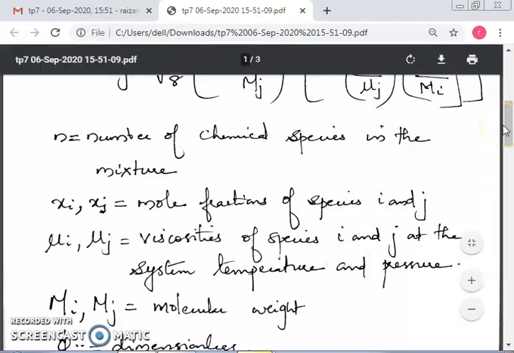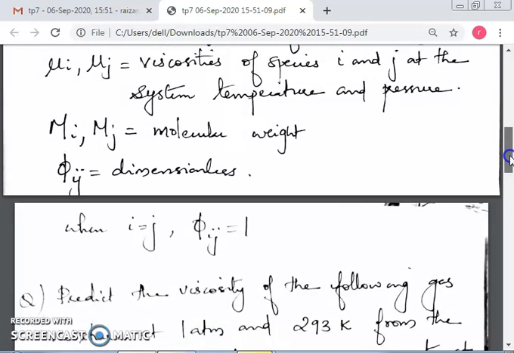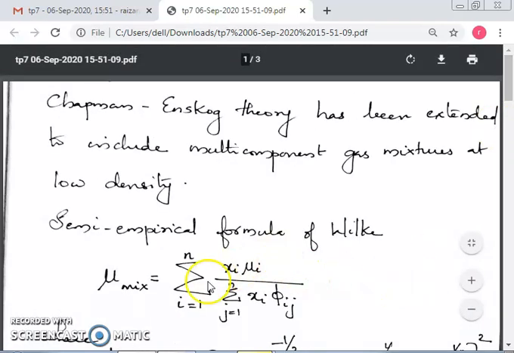Then capital letters Mi and Mj are the corresponding molecular weights of these species i and j. And we have phi ij. This phi ij is actually a dimensionless parameter, and when i is equal to j, we have the value of phi ij as 1. So, when you are asked to find out the viscosity of gas mixtures, you have to use this equation.